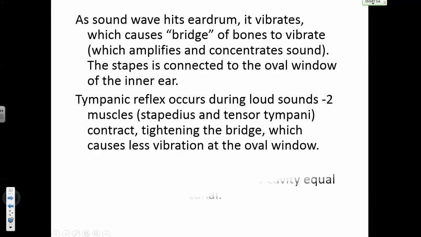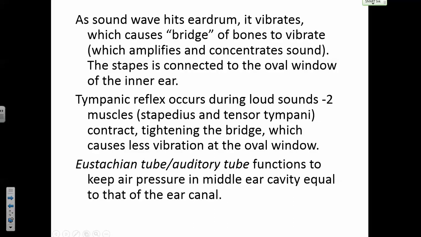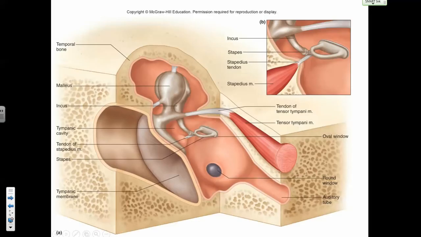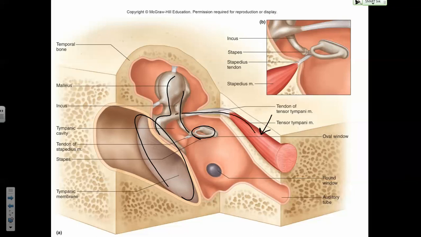So let's look at a picture of these. I've already talked about the eustachian tube. Okay, so here you see the tympanic membrane right here. Okay, so there's the malleus, there's the incus, there's the stapes. Okay, and here's the tensor tympani muscle right here. See how it's attached to the malleus?